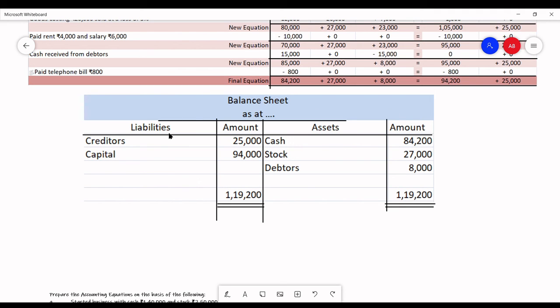Now coming to the liabilities portion, I have my creditors, which was standing at an amount of 25,000. I have written the head creditors for 25,000 and the capital balance, which came down as 94,200 in my accounting equation. I have written that as well. So this also adds up to a total of 1,19,200. So my liabilities are equal to my assets.